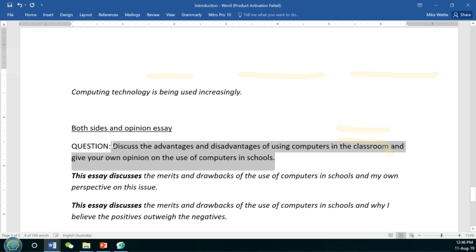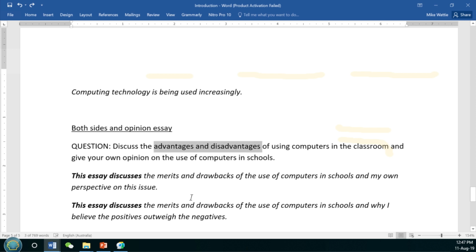So we've got discuss the advantages and disadvantages of using computers in the classroom and give your own opinion on the use of computers in schools. So we can use that same sentence that we used for the previous type of essay. We can start with this essay discusses and then just paraphrase keywords from the question.